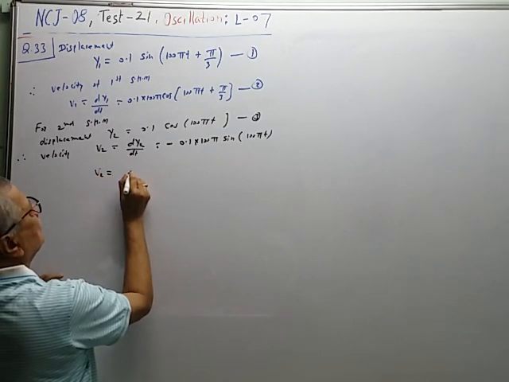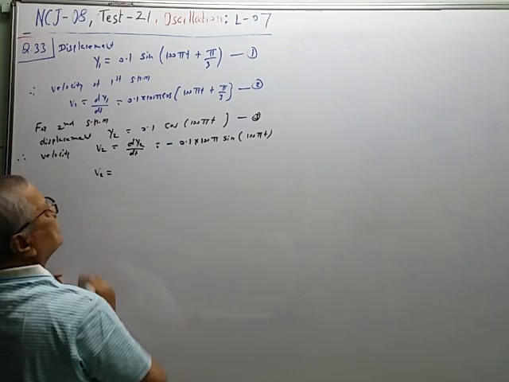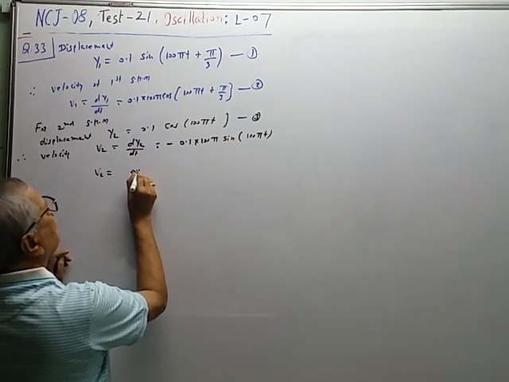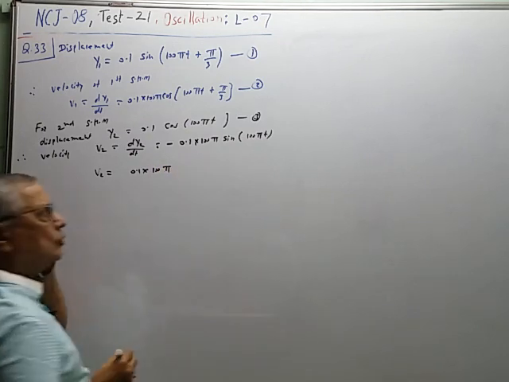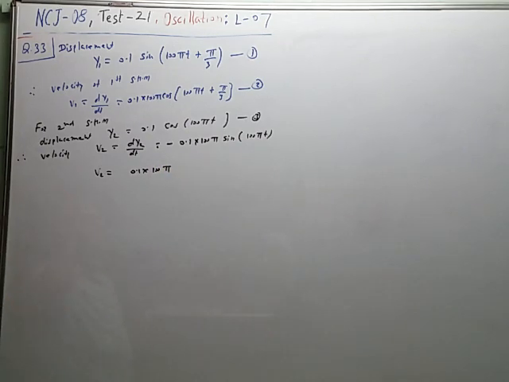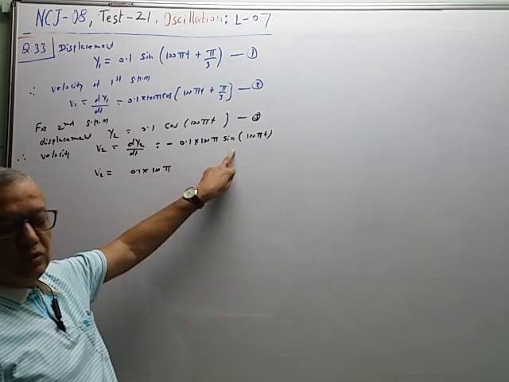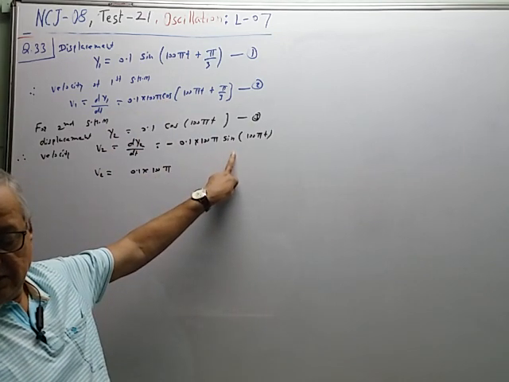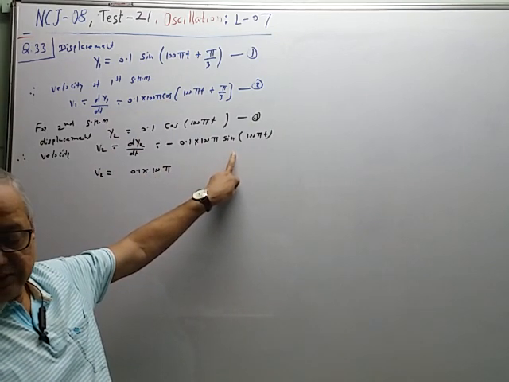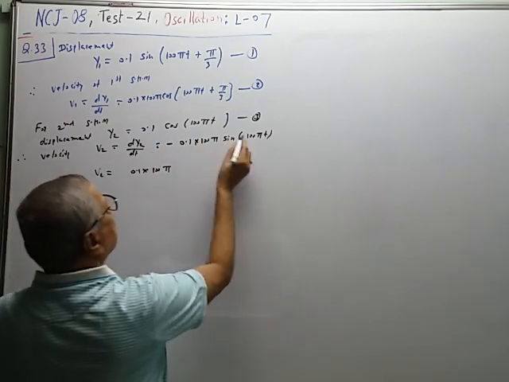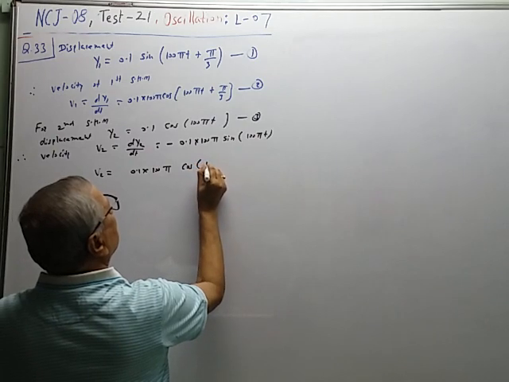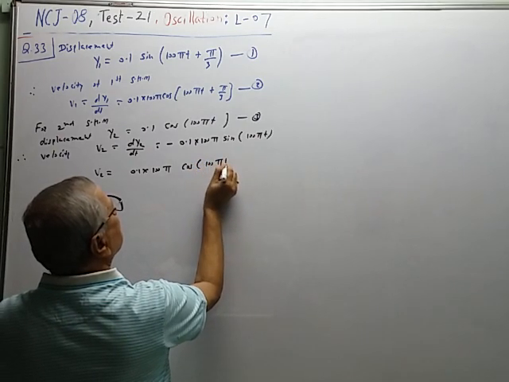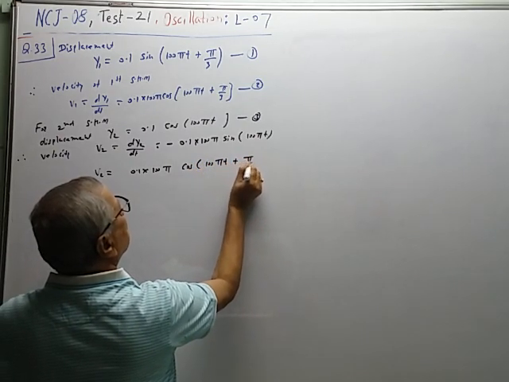V2 is equal to 0.1 multiplied by 100 pi as it is, into. Now here there is a cos. Therefore here we have to write the cos, and the minus sign will be absorbed: 0.1 cos of (100 pi t plus pi by 2).